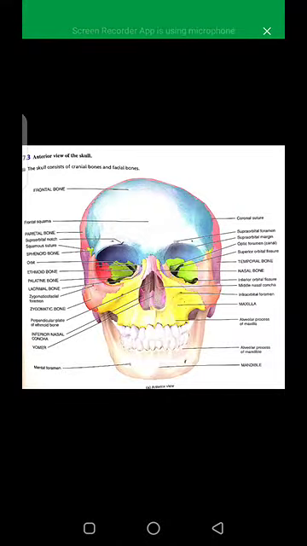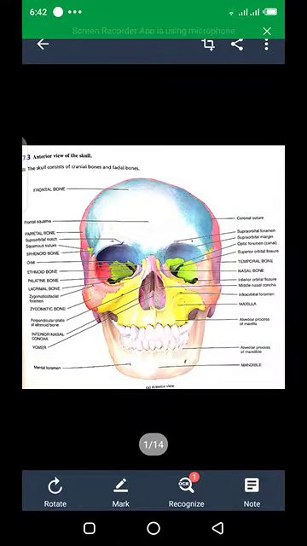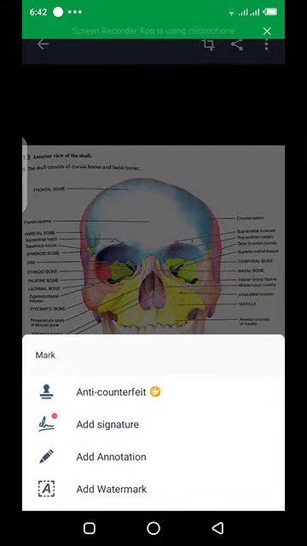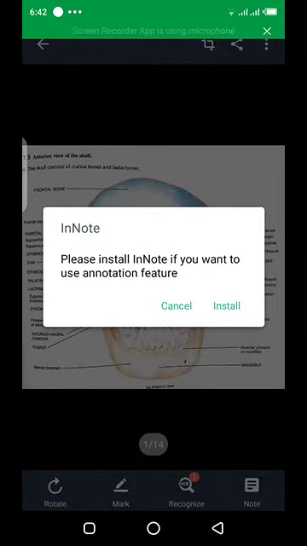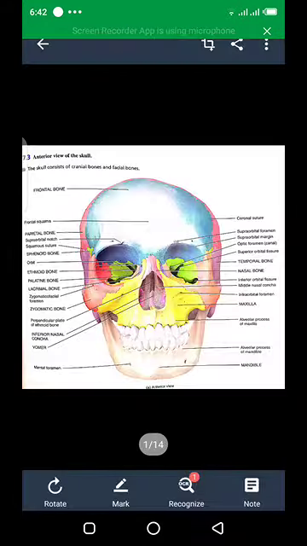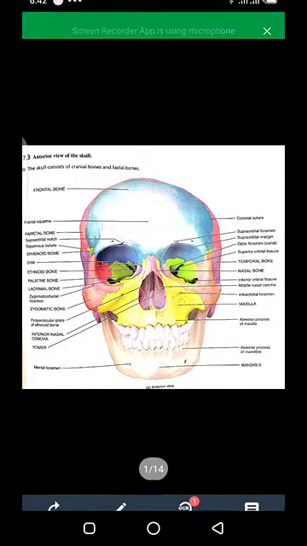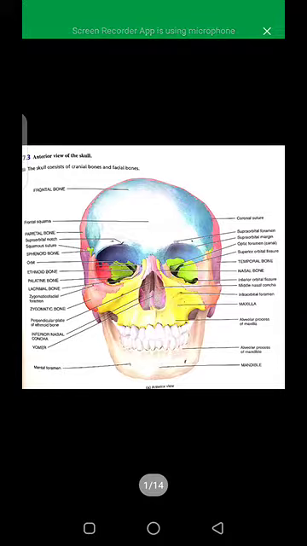Here it shows the various bones of your face, like the frontal squama at the front, the coronal suture at the side, the supraorbital foramen.